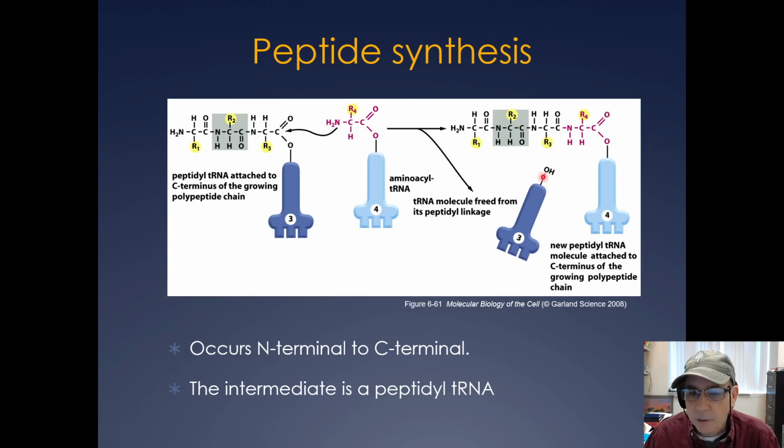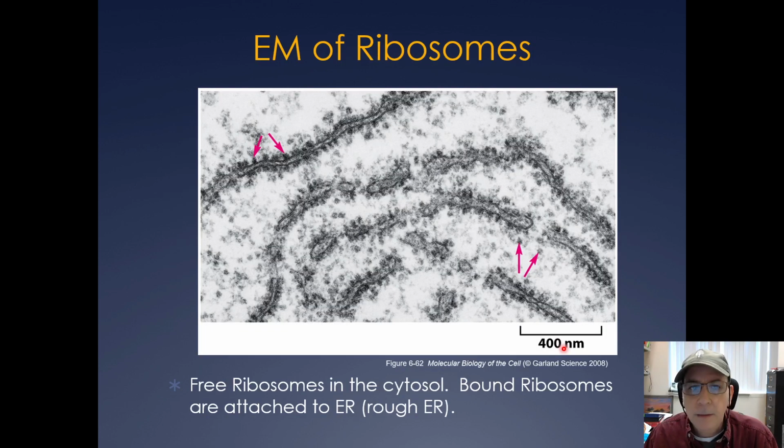And this actually happens on the ribosome, as we'll see in a second. But this intermediate is called a peptidyl-tRNA molecule, and it contains the growing polypeptide chain. And this all happens on the ribosomes, and there are two types of ribosomes. There are free ribosomes in the cytosol, and they're often involved in producing cytosolic proteins.